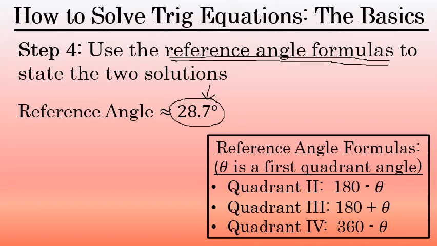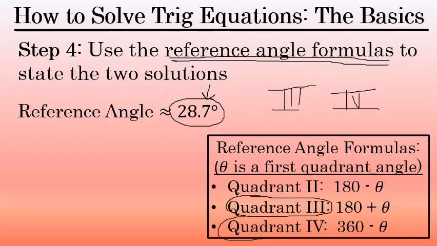To find quadrant 3 will be 180 plus theta, and the associated angle in quadrant 4 is 360 degrees minus theta. Remember, back in step 2, we identified that the solutions to this equation would be in quadrant 3 and quadrant 4. So we'll be using the third and fourth quadrant reference angle formulas.